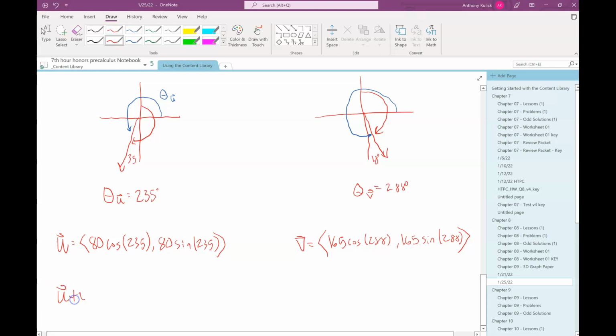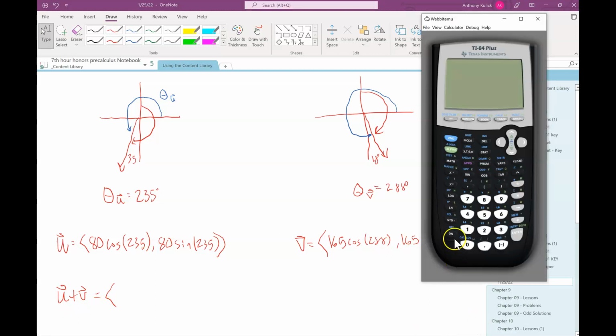And now, since I have them both in component form, I can add those two vectors together quite easily. Notice at this point, this is the exact same steps as what we were doing in first semester. We've just included a little vector notation and vocabulary.